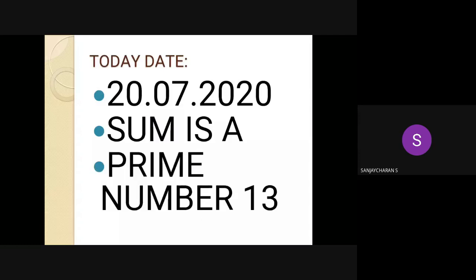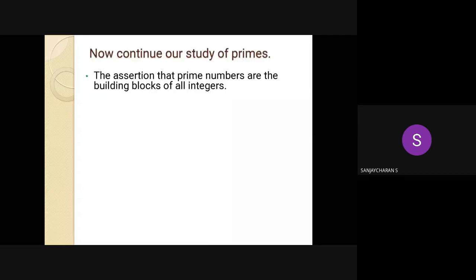Okay, next, now continue our study of prime numbers. We know that prime numbers are the building blocks of all integers. In other words, integers greater than or equal to 2 are made up of primes.